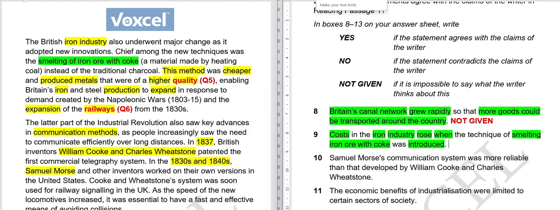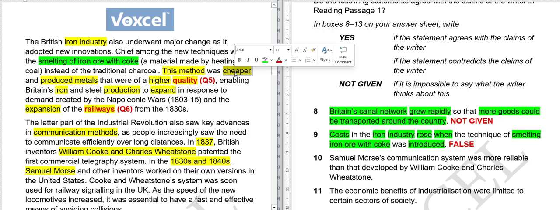Okay, time's up, and I'm gonna write the answer here. Let's see if you were able to identify the correct answer, and our answer is false. Why is it false? Tell me if you have said false. Yes, because here they have said this particular process was cheaper, not expensive.